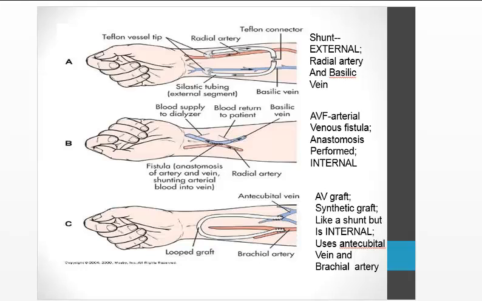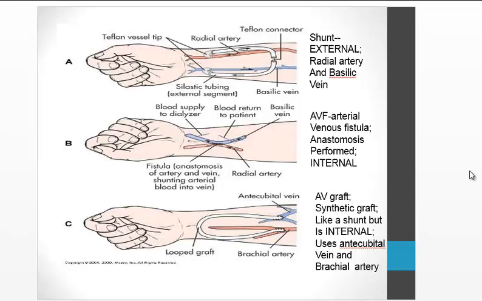These are our different types of vascular accesses, specifically shunts and internal AV fistulas and grafts. The first picture here, you can find this picture in Lewis, and this is basically a shunt for a patient. It is external in the simple fact that this white portion here is on the outside of the patient.